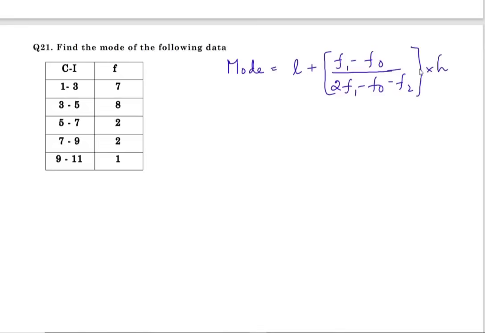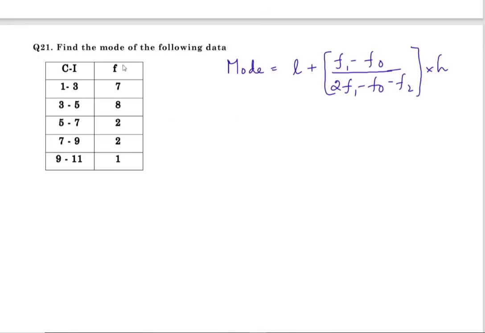Mode equals L plus, open the bracket, F1 minus F0 divided by 2F1 minus F0 minus F2, into H. Now students, most of the concept problems, important problems will be solved today and tomorrow. Day after tomorrow we'll do chapter wise quick revision with analyzing the model paper.